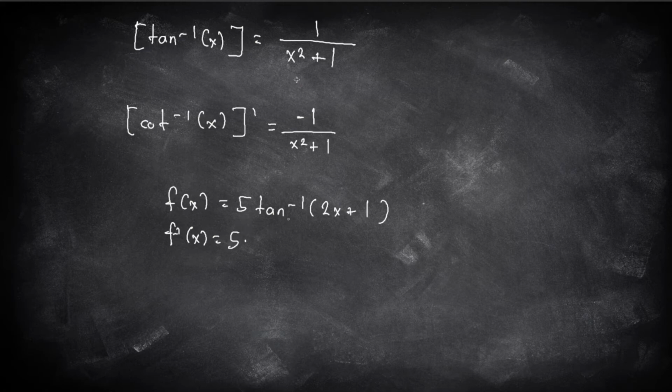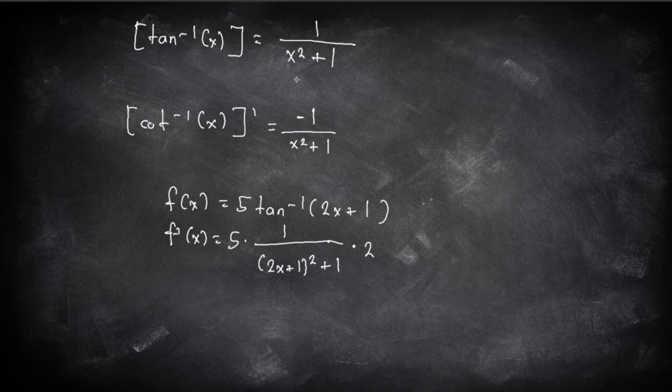The derivative of inverse tan is 1 divided by x squared plus 1. Our x this time is 2x plus 1, so let's substitute that in, so it's squared and then plus 1. Now we have to chain this, so we find the derivative of 2x plus 1. The derivative of 2x is 2, and the derivative of 1 is 0, so we just multiply by 2.